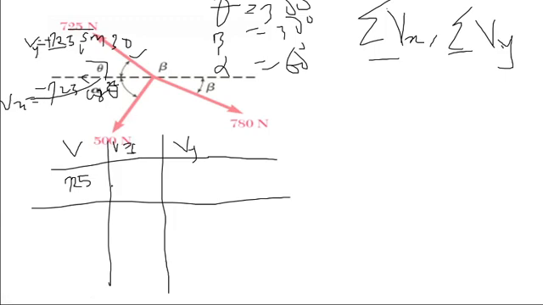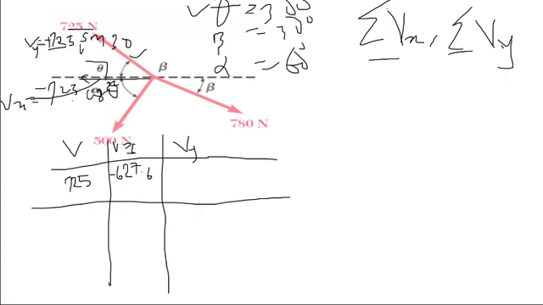My Vx is equal to minus 725 multiplied by cos 30, because theta is equal to 30 degrees as given. So 725 multiplied by cos 30, the answer is equal to 627.9. And if you look at direction, it is in negative direction.